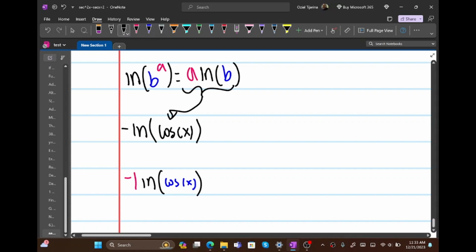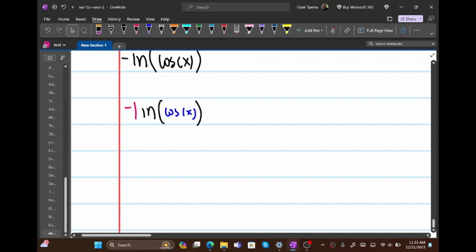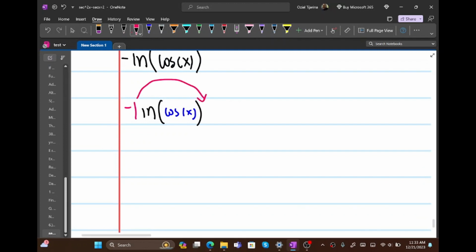However, we're going to rewrite it so that it is in terms of secant, and I will explain why. So if I move this -1 to the front here, I'm going to try to use that power property.